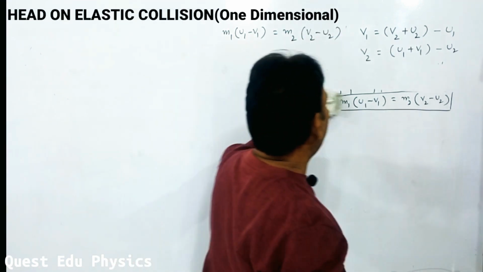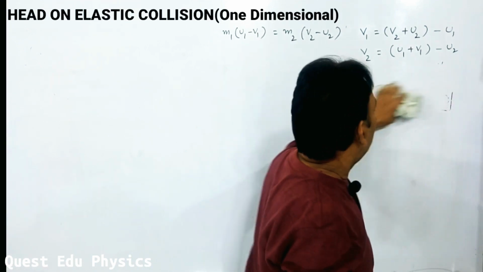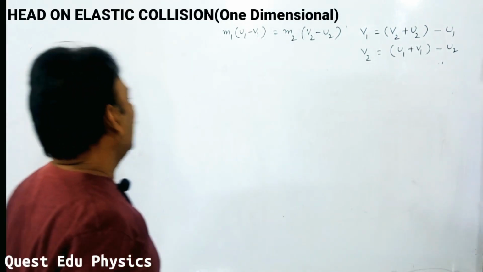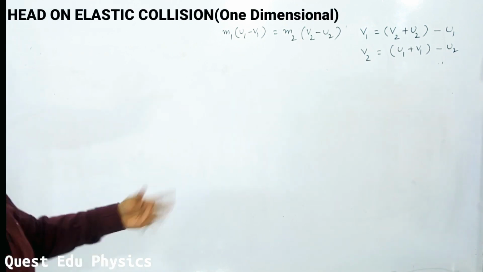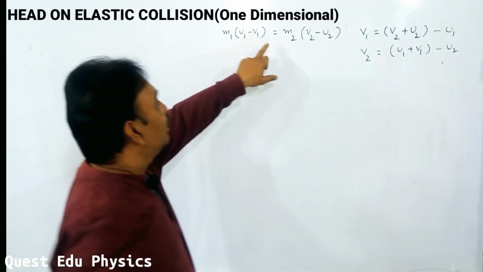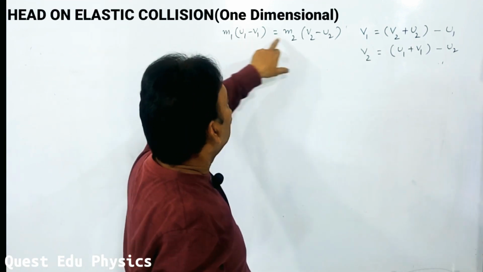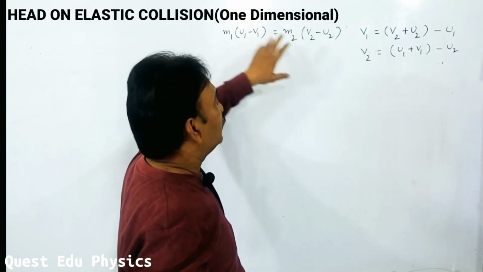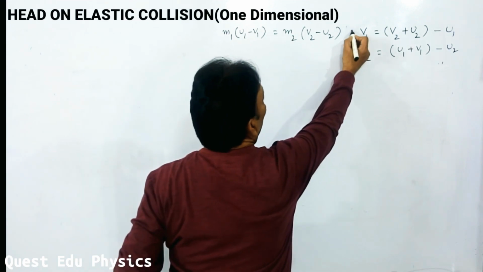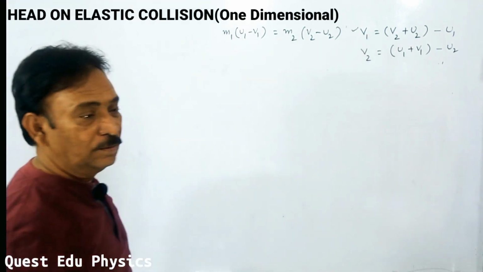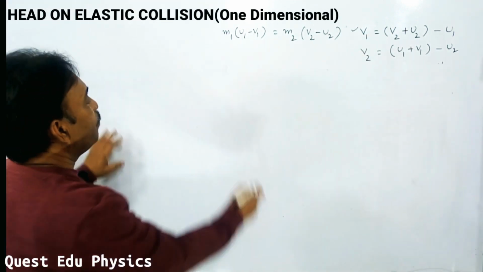Because of insufficient space, I am writing them and wiping them off. If you watch this equation carefully, these are the masses as well as the velocities. I am putting the value of v1 in one of the equations. Let's see what we get.